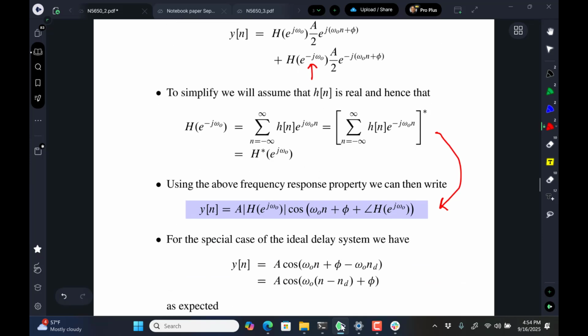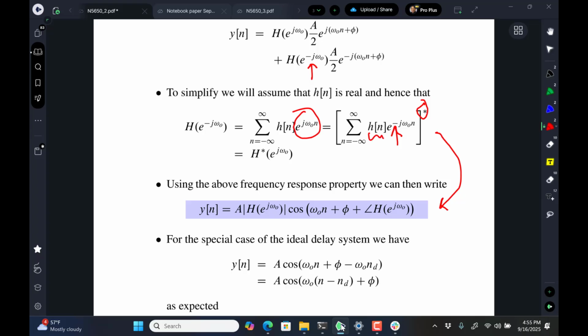Well, I can just plug into it directly. I'm going to plug into the minus j omega naught, so that has changed the sign in here. And then the trick is I pull a conjugate out of that. When I pull a conjugate out of that, I end up having to counterbalance that with an extra minus sign.